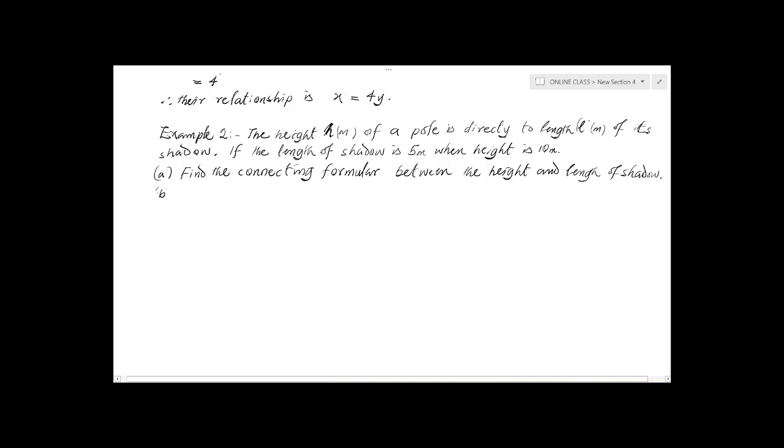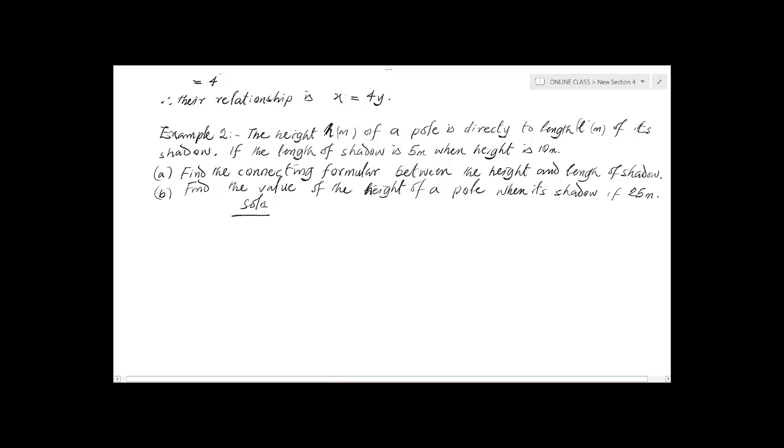B, find the value of the height of a pole when its shadow is 25 meters. Now let's look at the solution here.